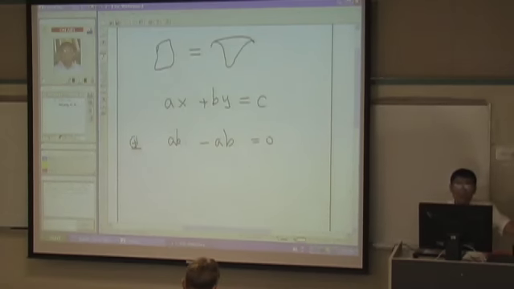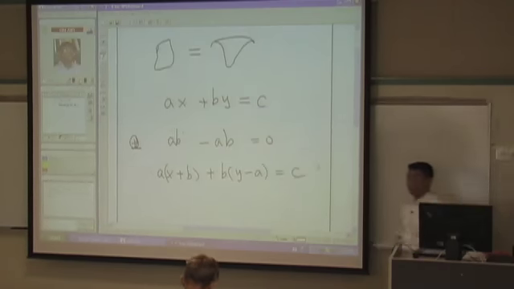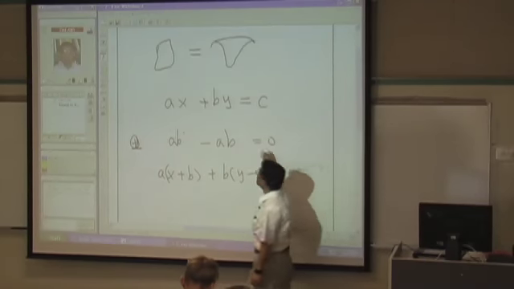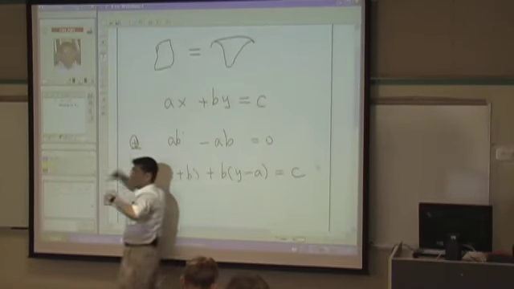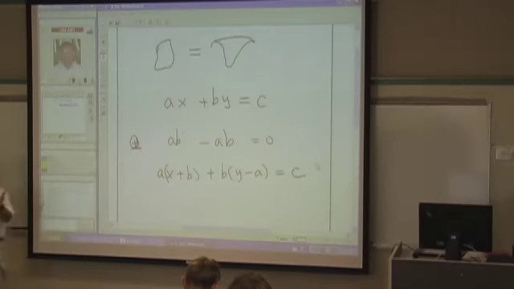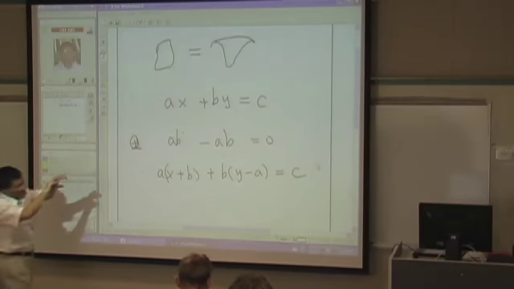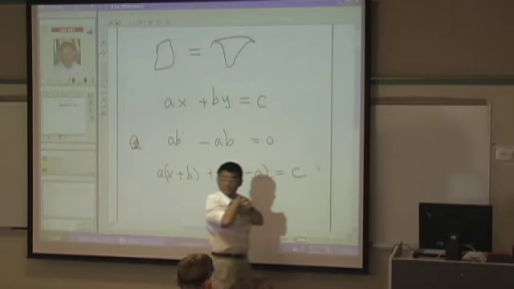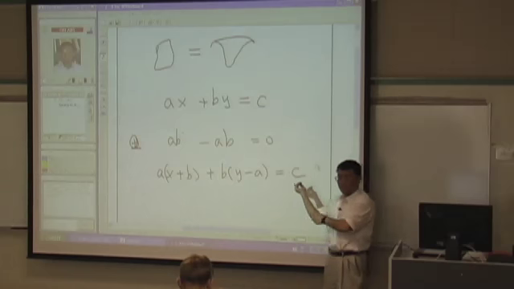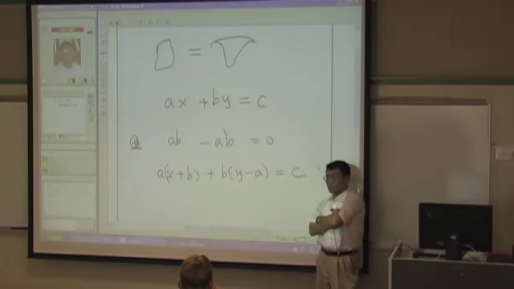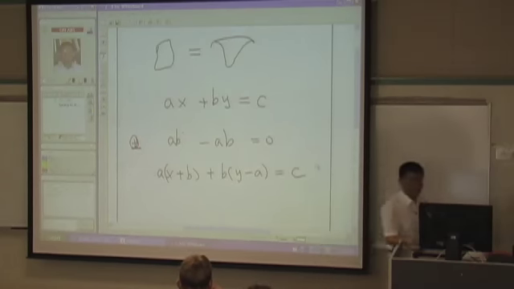Then what happens? ax plus ab plus by minus ab equals c. Do you follow me or not? Is it too complicated or not? It's just doing the same thing, and then adding equalities, adding the terms controlled by the equality symbols. If you don't understand this, ask me. This is very important in Diophantine equations.